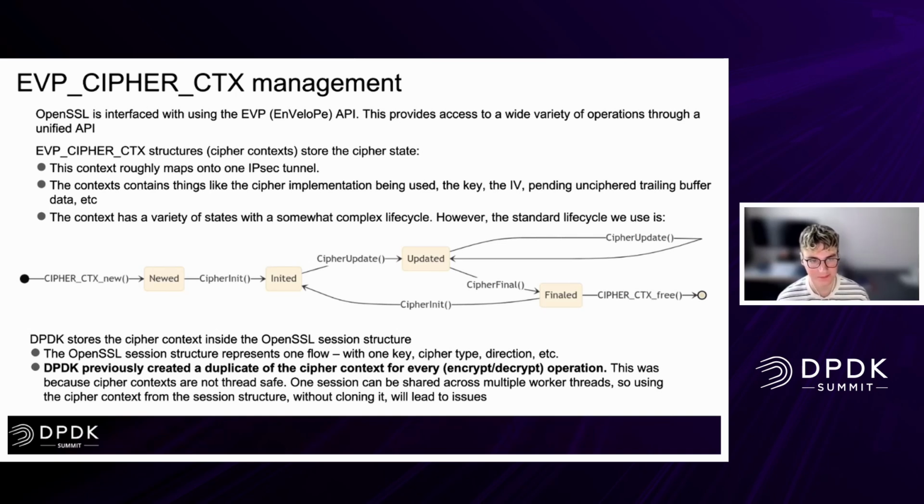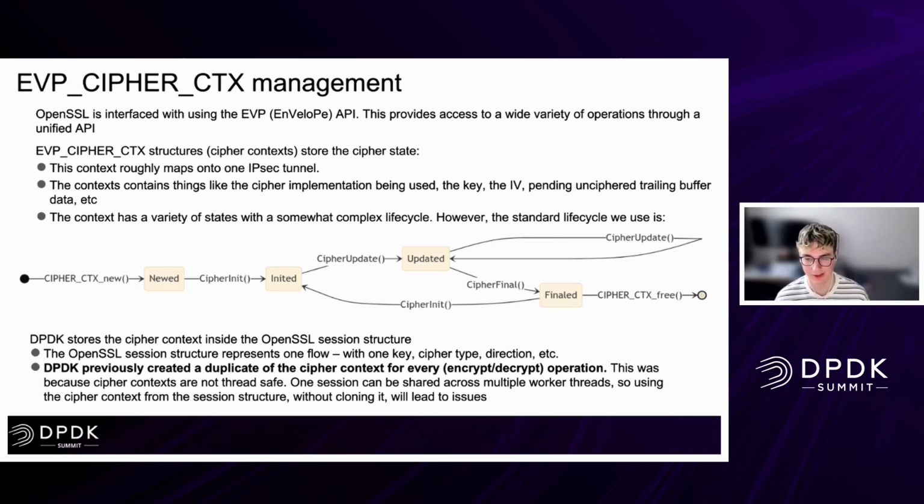updates. The context has a variety of states, and the lifecycle is a little bit complicated, but in DPDK we're just using this lifecycle. You can see we can create a new one, then initialize it by providing the data I mentioned before, like the key and the IV. Then we can call cipher update to provide it some buffer data to cipher. This can be called multiple times; you can provide multiple subsections of your buffer.